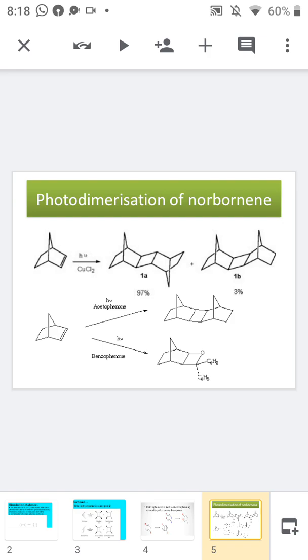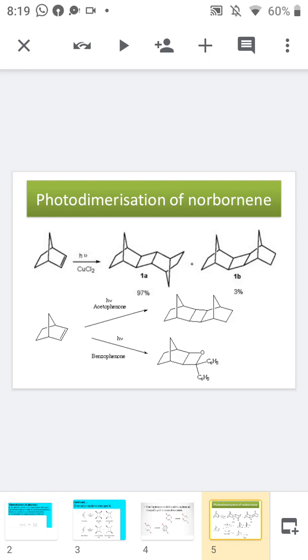This is mainly because in the case of 1B a steric hindrance occurs, which is why the major product is 1A. Here also the norbornenes are combining in an opposite direction, so we get 1A, and if you combine them in the same fashion we get 1B.